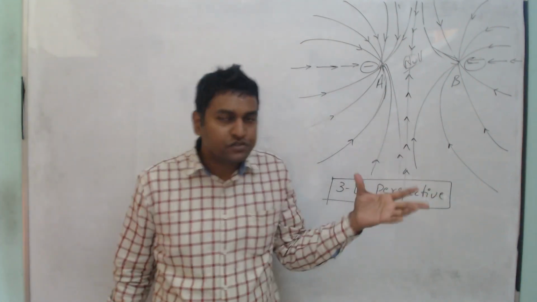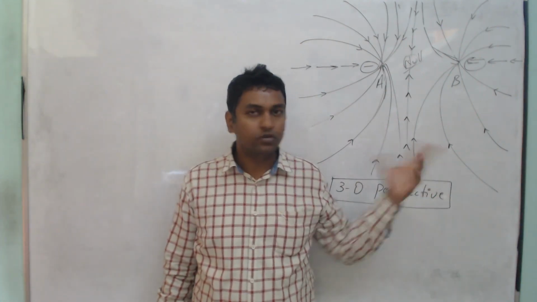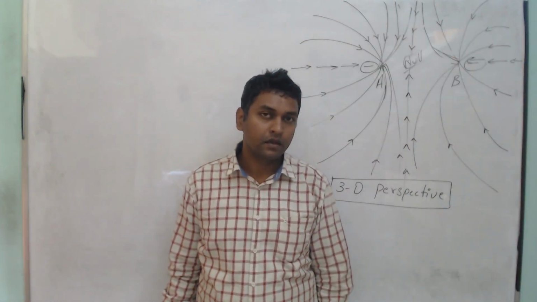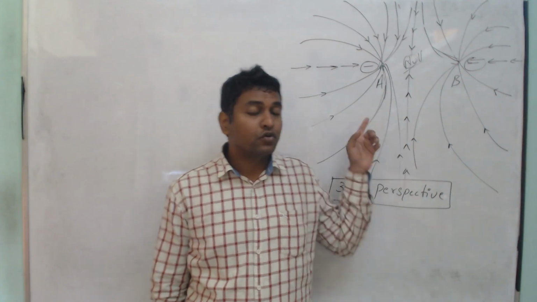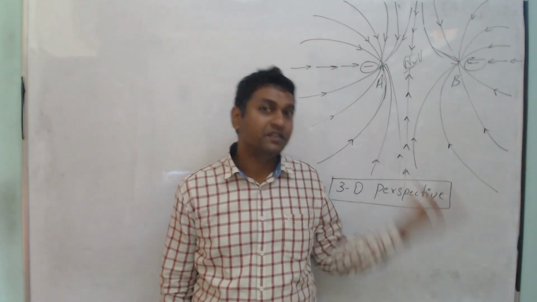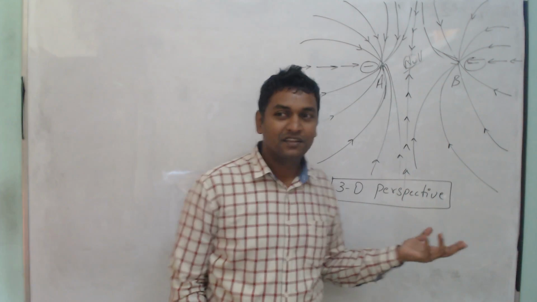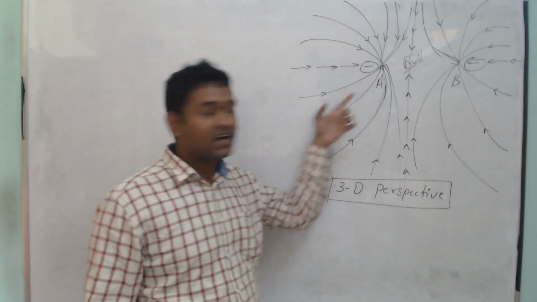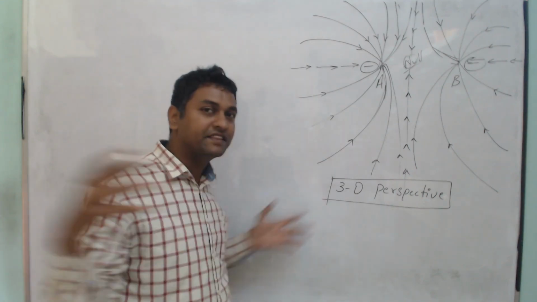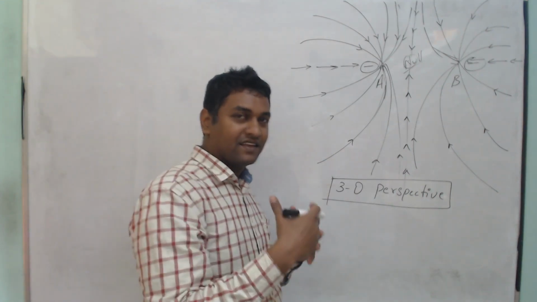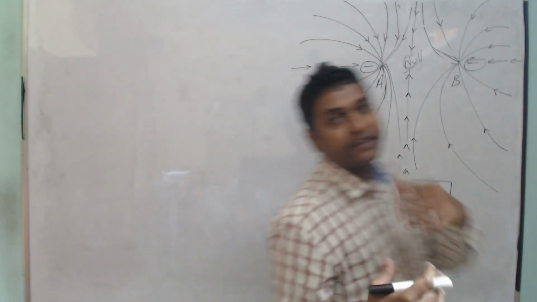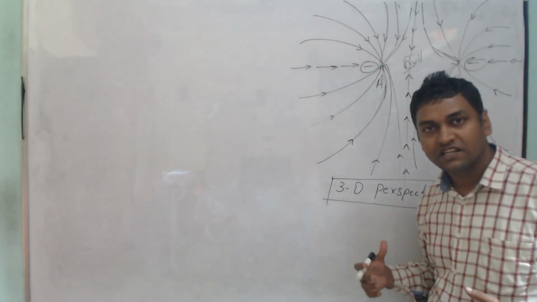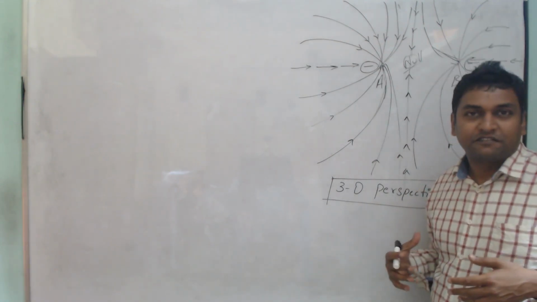So you now understood how the field lines are going to be for two positive or two negative charges on the board, right? 2D on a plane. Yes, sir. But in reality, it is not going to be just a 2D perspective. It is going to be a 3D perspective, like a magnetic field and compass. So all the field lines are going towards the negative charge in this way. Yes, sir. And the same replica is happening from there for the other charge. All the field lines are converging towards this negative charge, in a 3D perspective. Yes, sir.